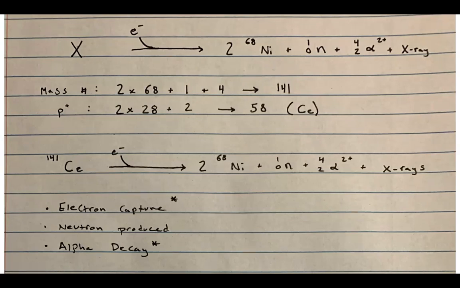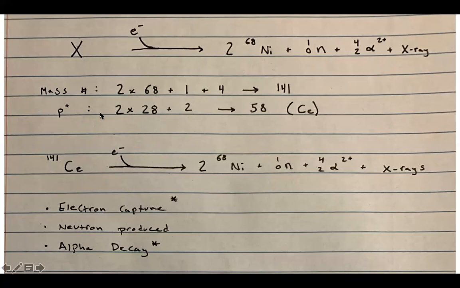Now we have to try to find the identity of that parent nucleus, which we're going to do through the number of protons. Again, protons must be the same on reactant and product side. So in terms of protons, we have 2 times 28 protons, and that comes from nickel. Nickel, by definition, when you look on the periodic table, will always have 28 protons. That will never change for nickel.